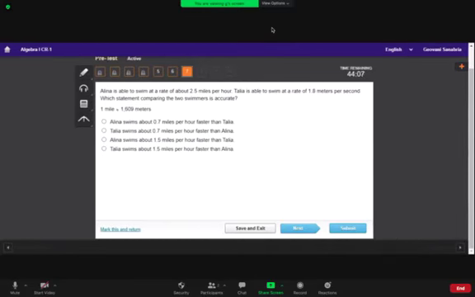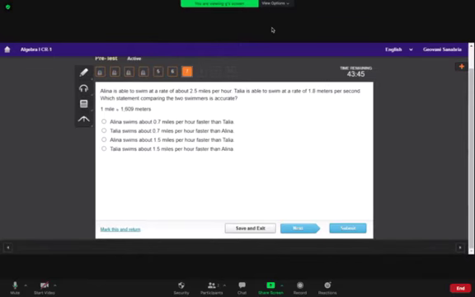Which statement comparing two swimmers is accurate? 2.5 miles per hour comes out to be 1.117 meters per second. So Alina is slower. Talia is 1.8 meters per second. Alina swims about... Okay, so they go to miles per hour.